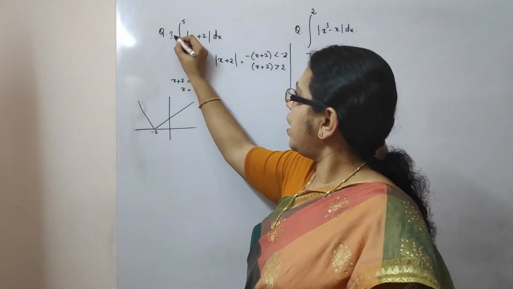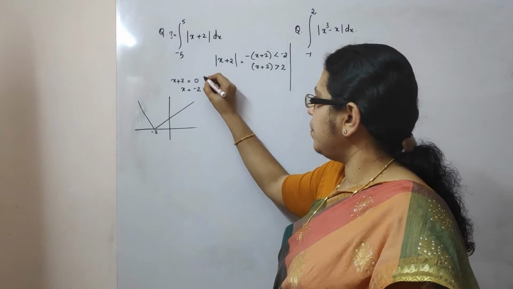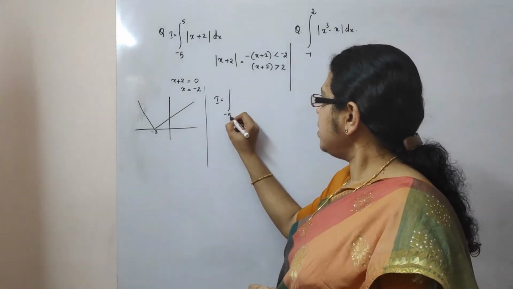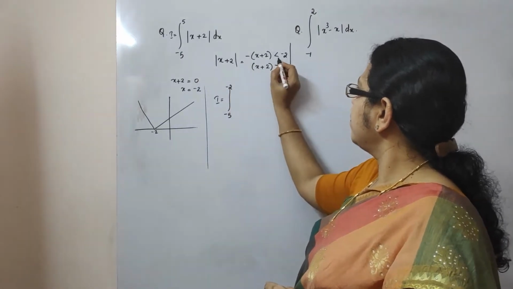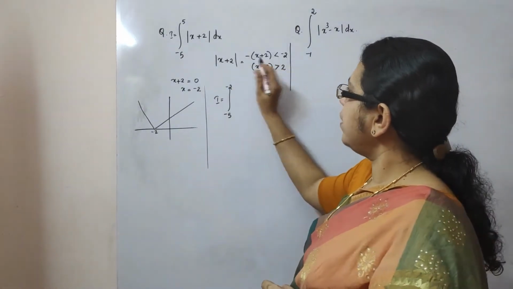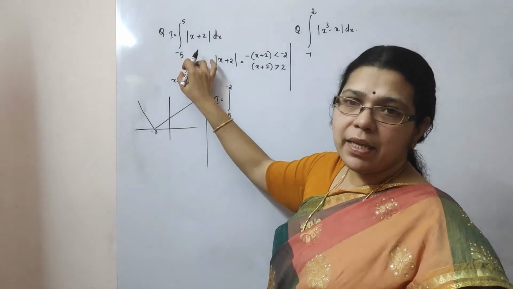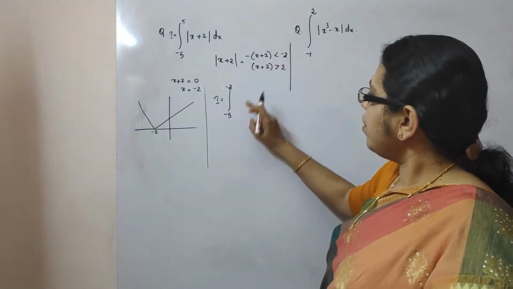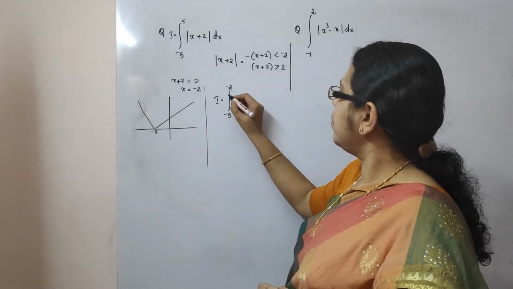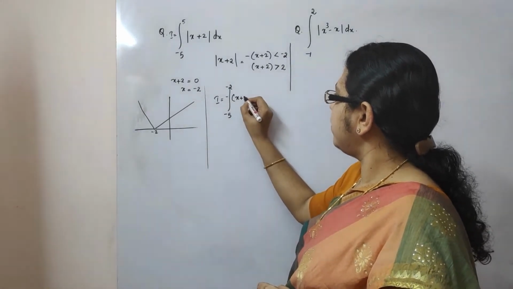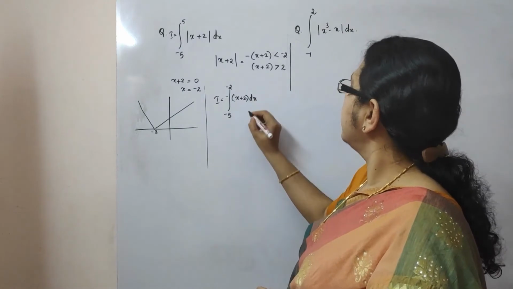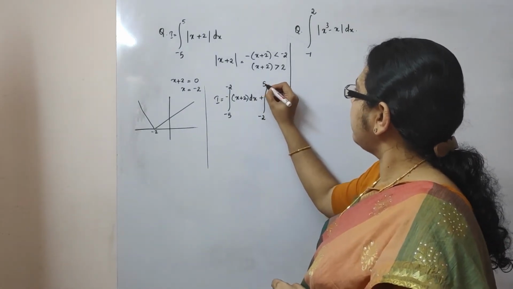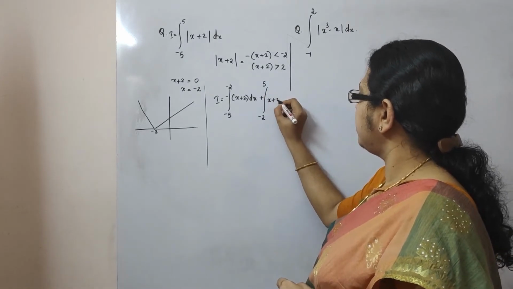Let this integral be I. I will write it as minus 5 to negative 2, because it is restricted here from minus 5 to 5. So in this part, from minus 5 to negative 2, the value of the function is negative, into dx, plus, now from negative 2 to 5, the value of the function is positive.